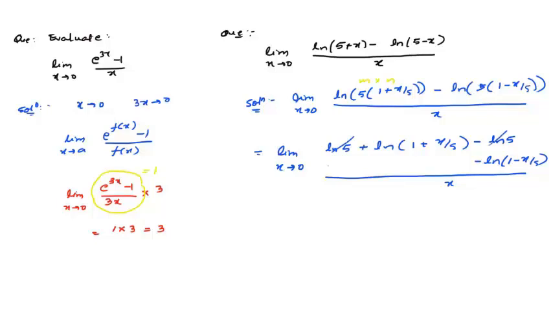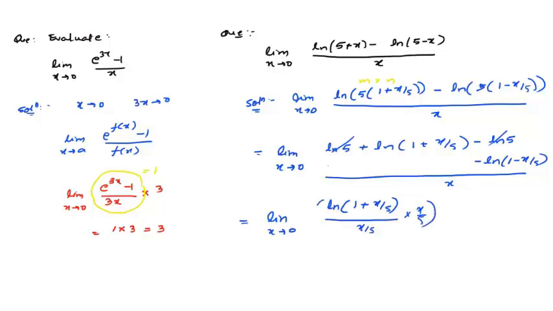Now what we need is we want this to be converted to ln of (1 plus f(x)). When x is tending to 0, x by 5 is tending to 0. So I can write this as ln of (1 plus x by 5). Now to get x by 5 below, we'll divide this by x by 5 and multiply also by x by 5.